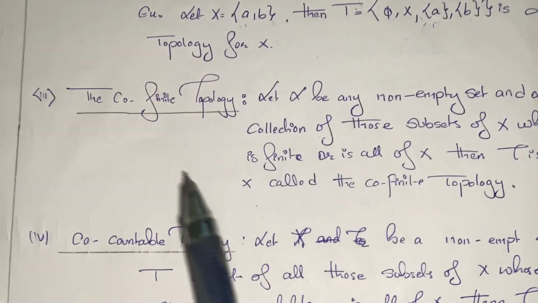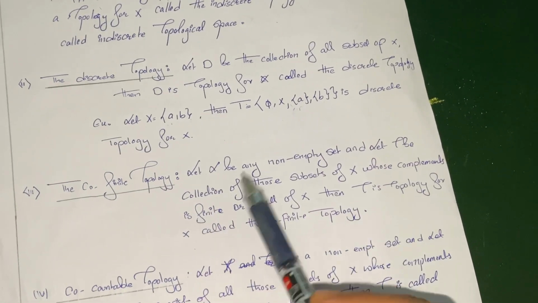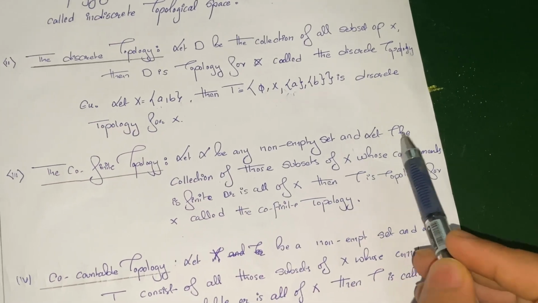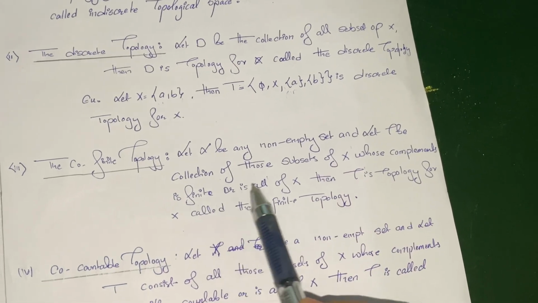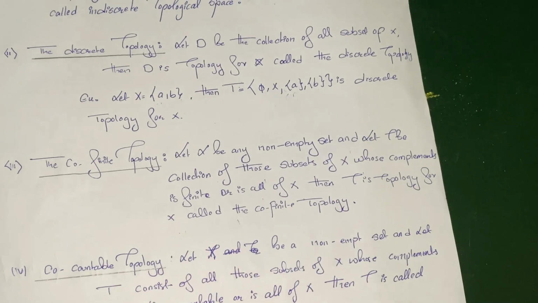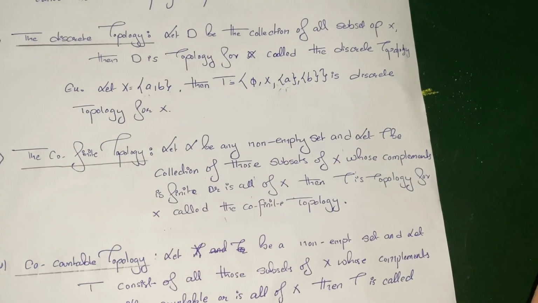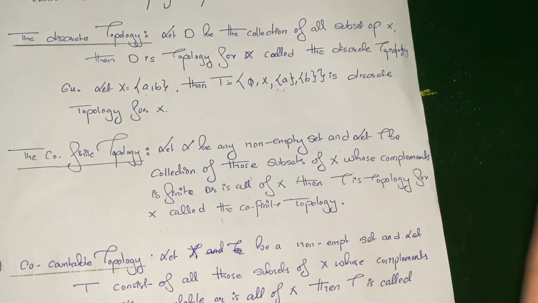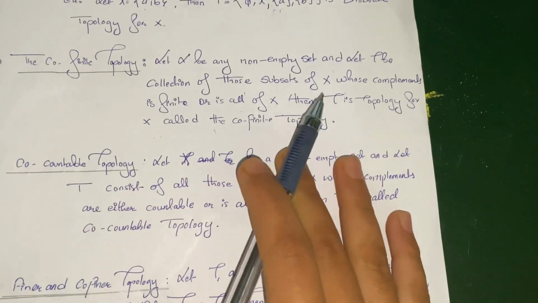And the next we have the cofinite topology. Let X be any non-empty set and T be a collection of those subsets of X whose complement is either finite or is all of X. Then T is a topology for X called the cofinite topology.